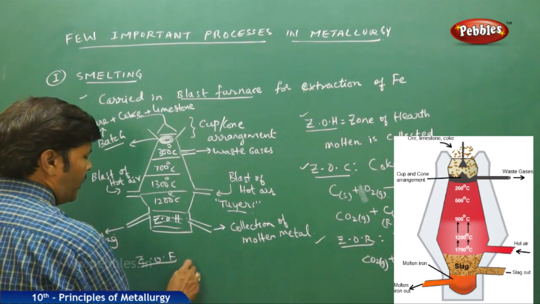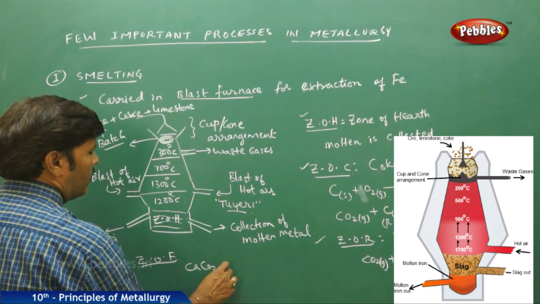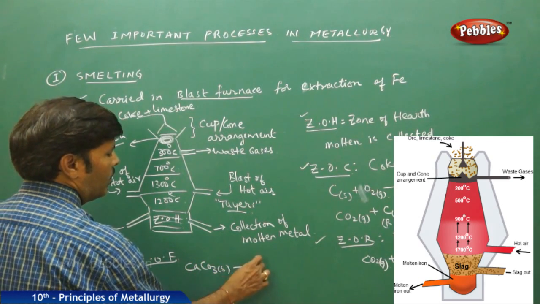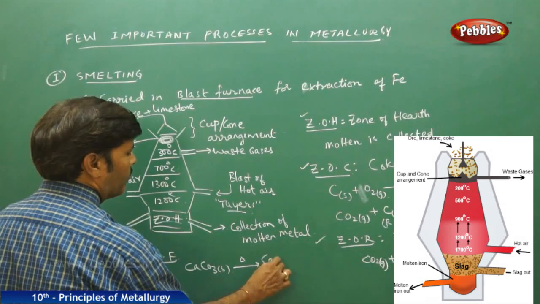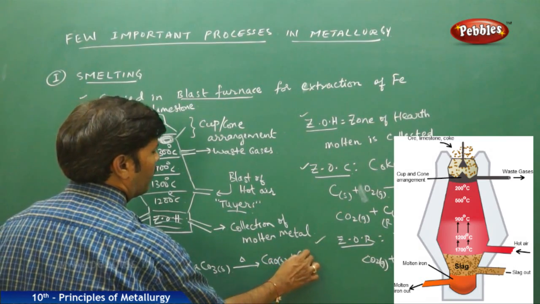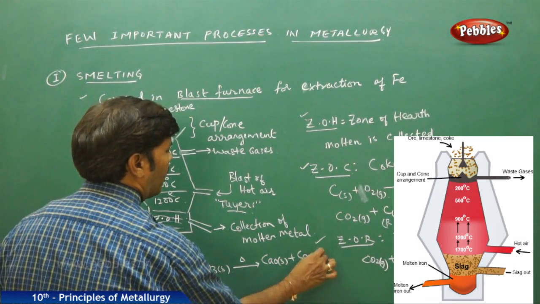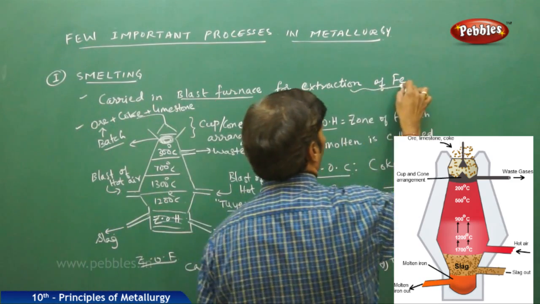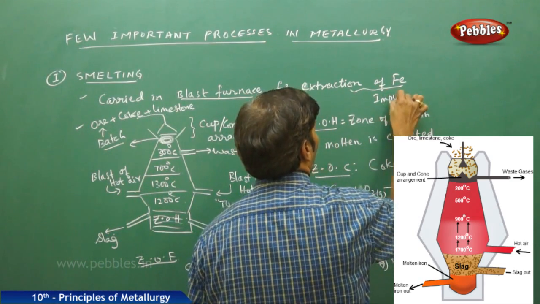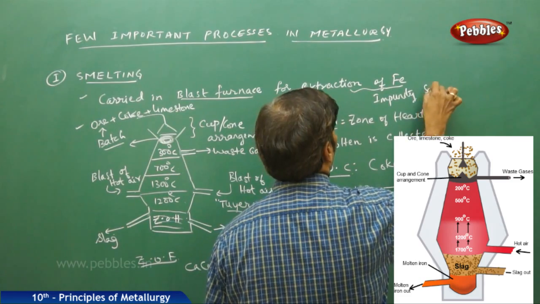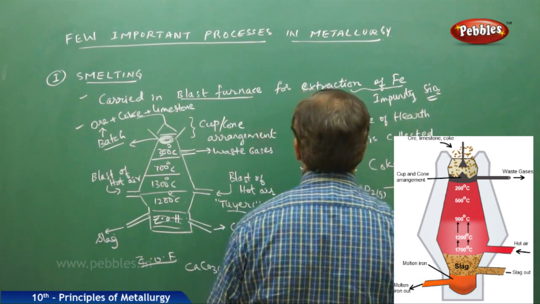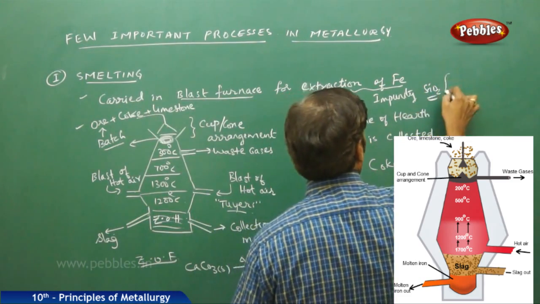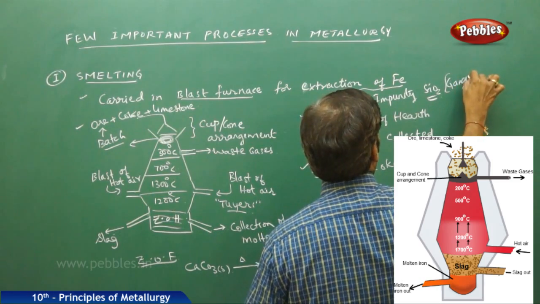If you take limestone, CaCO3 is limestone. If you heat this, you get calcium oxide solid plus carbon dioxide gas, and the impurity present in the extraction of iron is silica. Silicon dioxide is the impurity, that is the gangue particle.